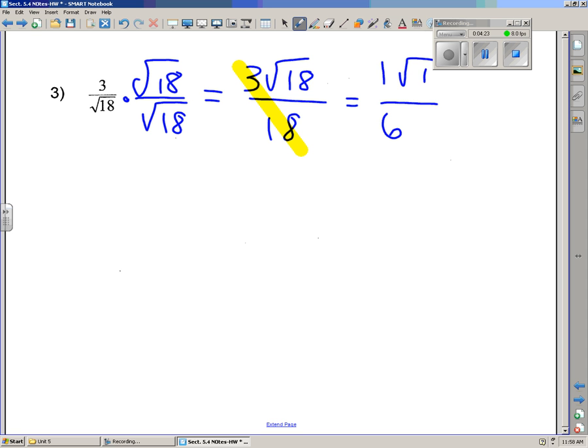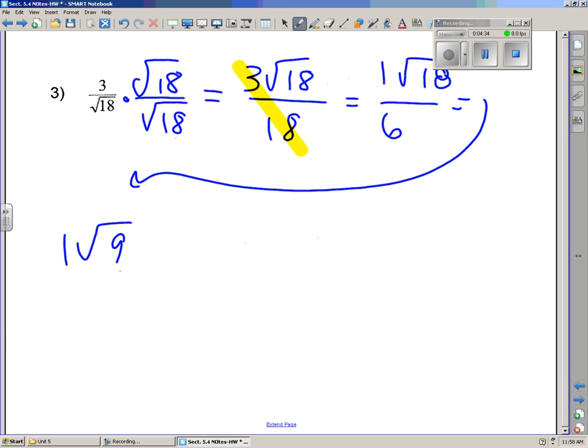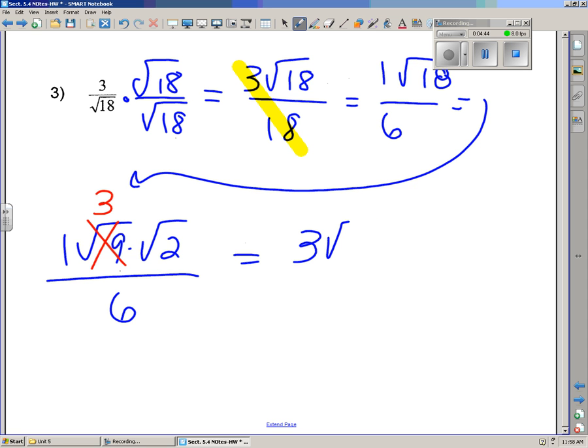Again, I can't lose my radical of 18. But there is a perfect square under 18. So I've got 1 square root 9 times square root 2 over 6. The square root of 9 is just 3. 1 times 3 is 3.